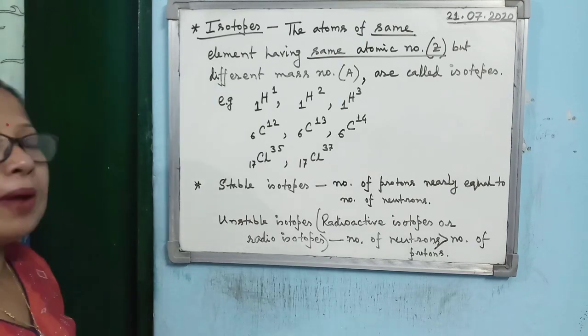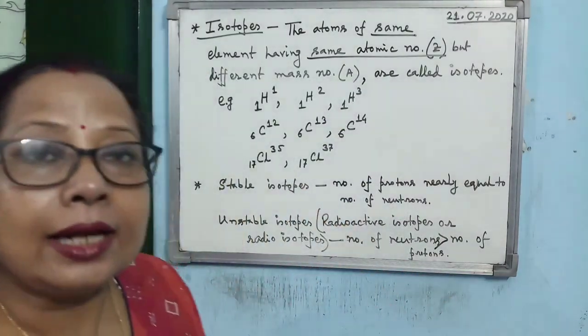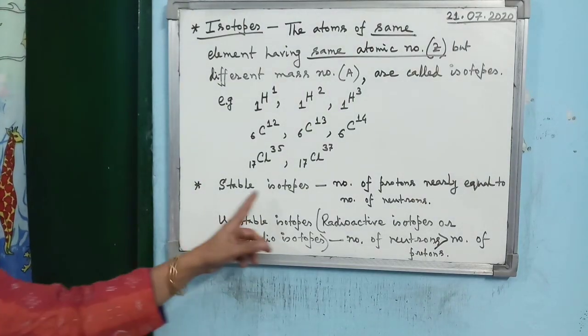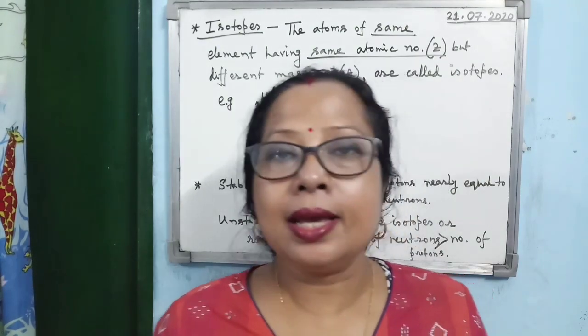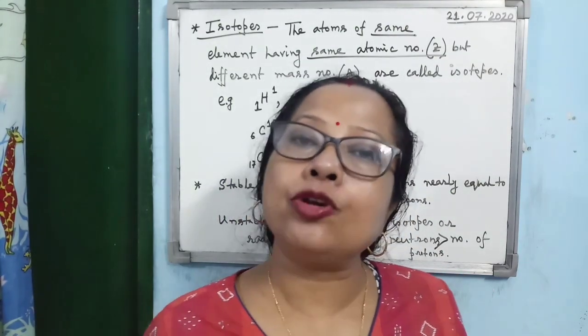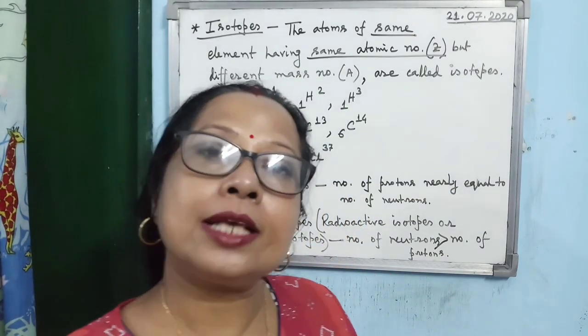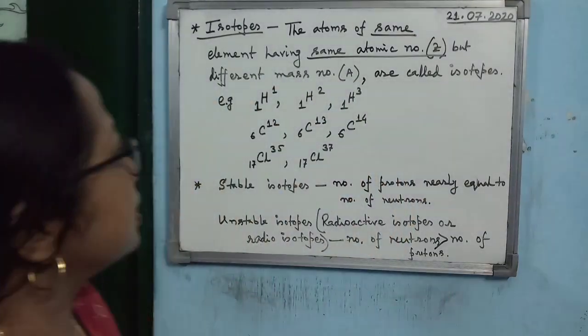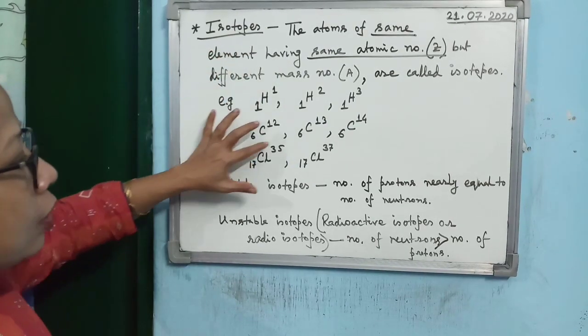Alright. So, depending on the nature of the isotopes, there are two kinds of isotopes. First, stable isotopes. In stable isotopes, their structure is stable. They never undergo radioactive decay. They never disintegrate. Examples of stable isotopes are 1H1, 6C12, 17 chlorine 35.